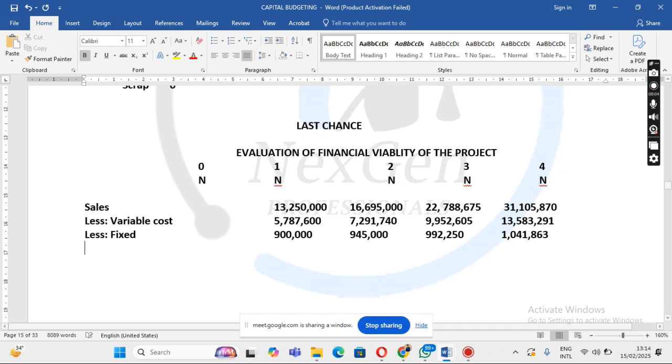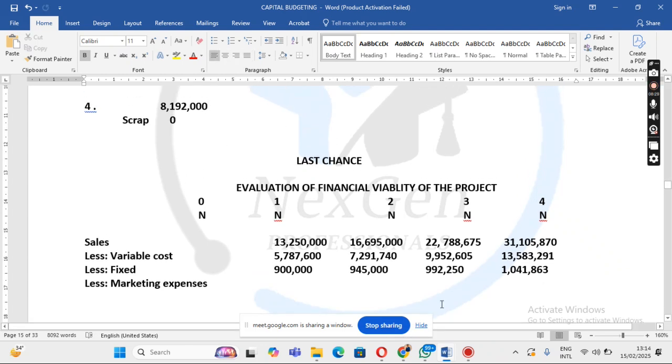Now, the next relevant cost, they made mention of marketing expenses. That marketing expense will only be applicable in year one, and it is allowable for tax. So I need to know the figure for year one.